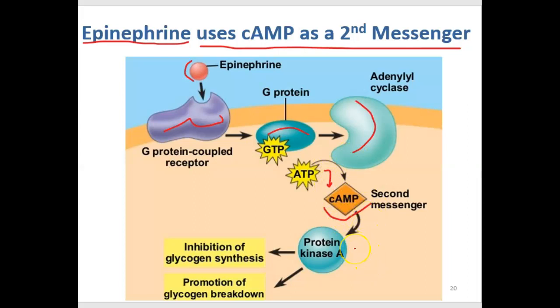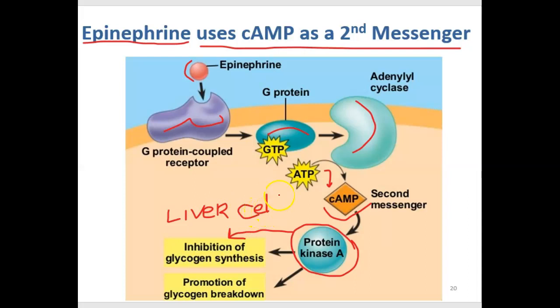Cyclic AMP activates a specific protein kinase A, which has the action of inhibiting glycogen synthesis. This is in the liver, sorry, this is a liver cell. The target cell is a liver cell. That's important.